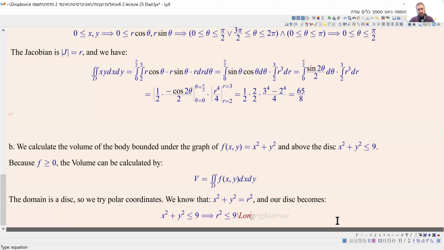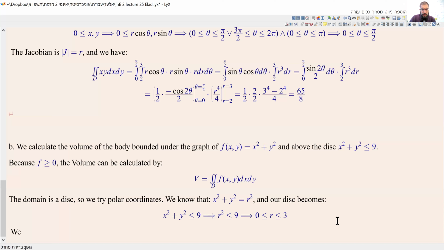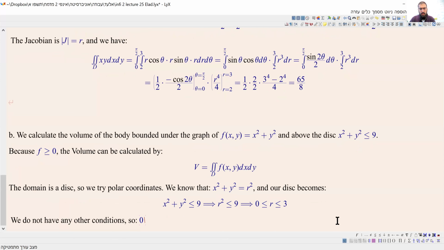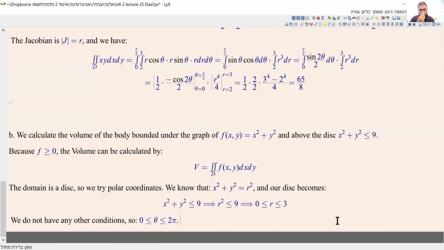And remember that r is a positive number, so r is between 0 and 3. It's the whole disk. We don't have any other inequality or limitation. So we look at the whole basic domain of theta, between 0 and 2 pi.